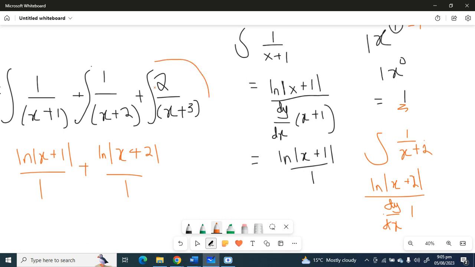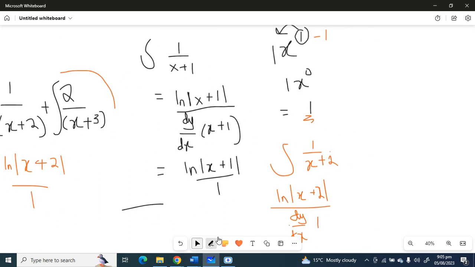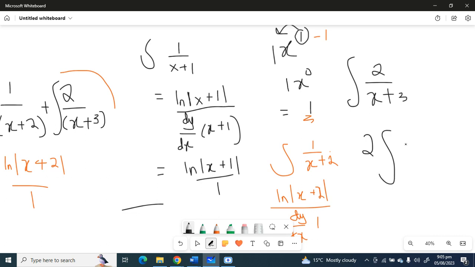We now integrate this fraction here, 2 over x plus 3. Colleagues, with this type of question, if the numerator is not 1, take it out. So this 2, we just bring in front, so it becomes 2 times the integral of 1 over x plus 3. For this process to happen, your numerator has to be 1.